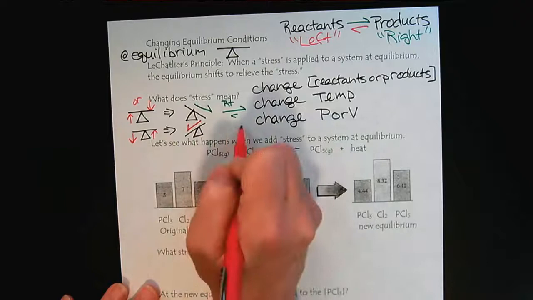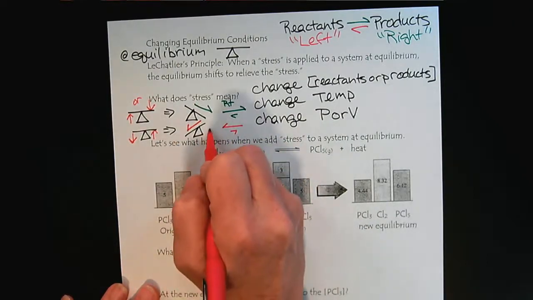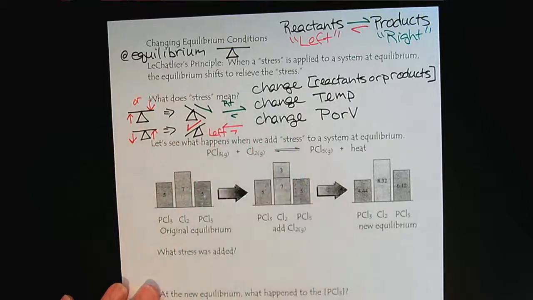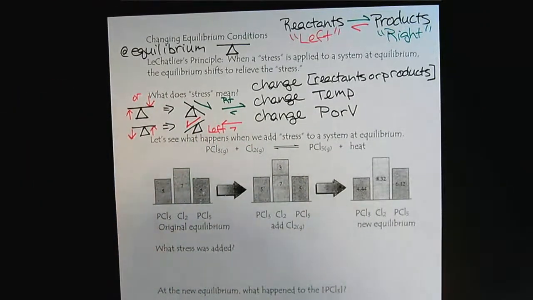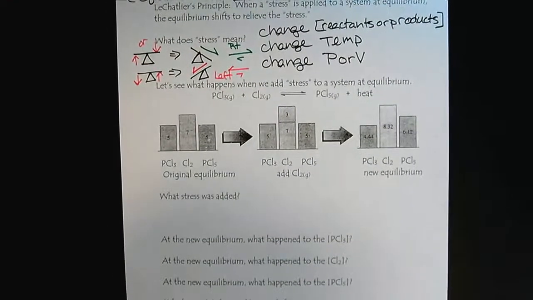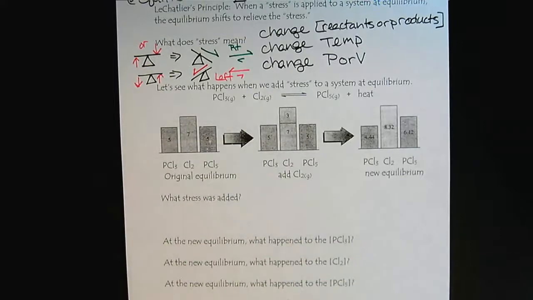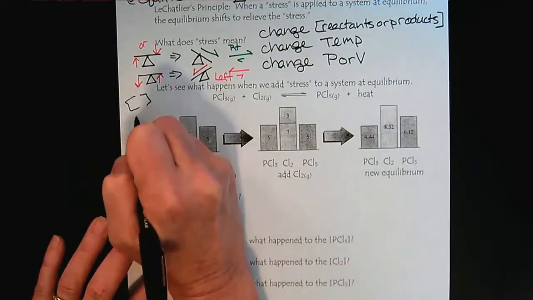And so then we would write the arrows this way, and we would say left. All right, so if this is looking a little funky to you, I'll apply it right away to help you make sense out of it. All right, so let's start with looking at concentration changes.